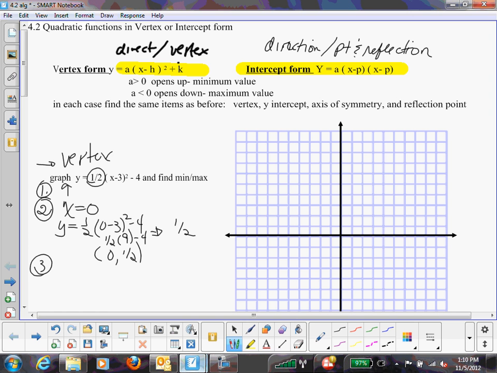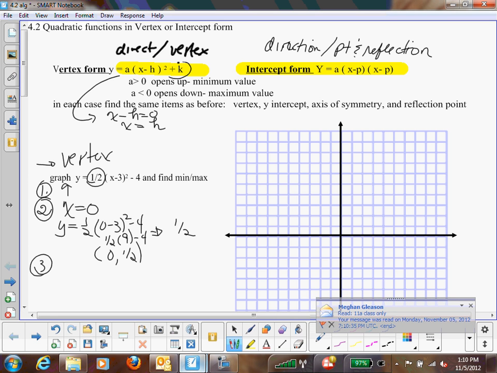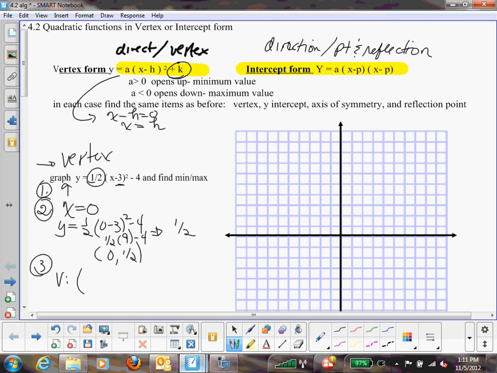Vertex. Okay, here's the beauty of the vertex form. It's given to you in this format. Here is your vertex. Set x minus h equal to 0, which means x is equal to h. That's your x value. Here's your y value. So the vertex is going to have coordinates of, what's my x value going to be?